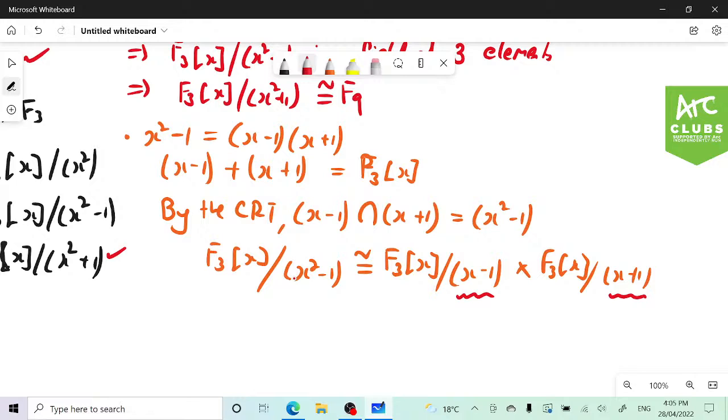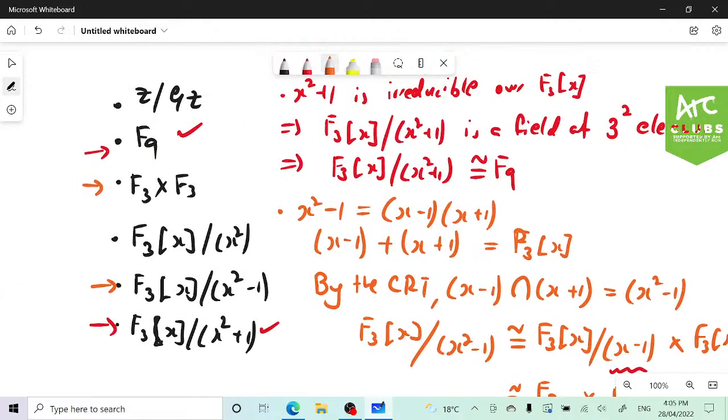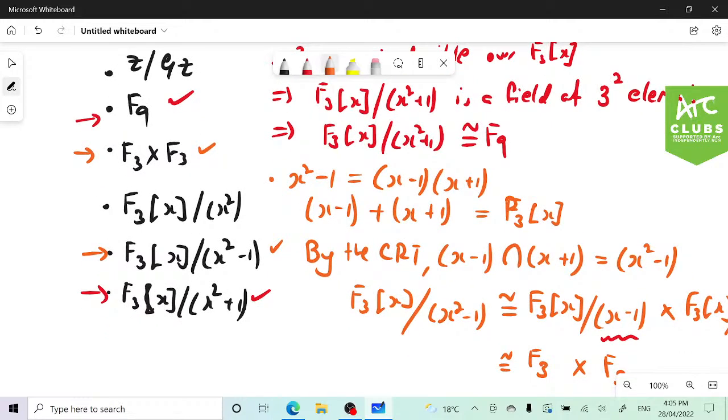As a result, each is isomorphic to a field of 3 to the power of 1 elements. So this is actually isomorphic to F3 cross F3. And so we've also defined another isomorphism here. It turns out that these two things are isomorphic.